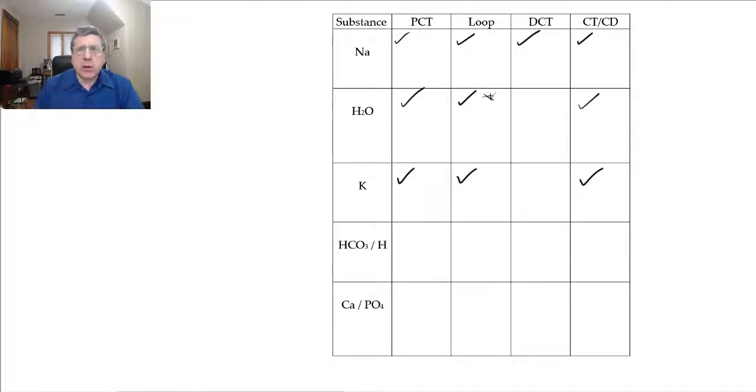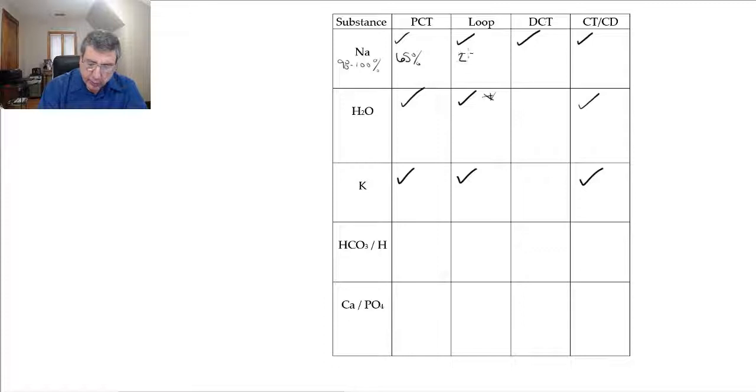So sodium, 98 to 100% is reabsorbed. Let me just write that here. 98 to 100% is reabsorbed in this case. Now we've said that it is reabsorbed in all the different segments, but now let's look at what percentages in each area. The proximal convoluted tubule reabsorbs approximately 65%.